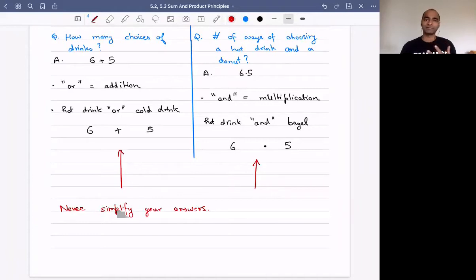So 6 plus 5 is much more informative than 11. Similarly, 6 times 5 is much more informative than 30. Maybe you came up with the wrong reasoning and somehow got 11. But if I look at 6 plus 5, I know exactly what went behind getting to that answer. So never simplify your answer. Just leave all the sums and all the products as they are. And even on exam, you just leave them as sums and products.